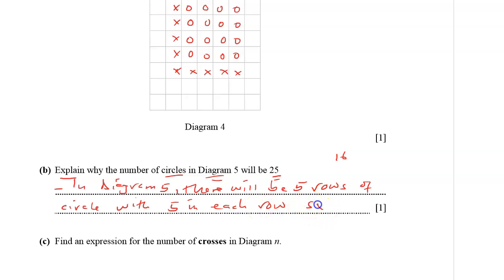So then we have 5 times 5, which should give us 25. Okay, continue to part C.